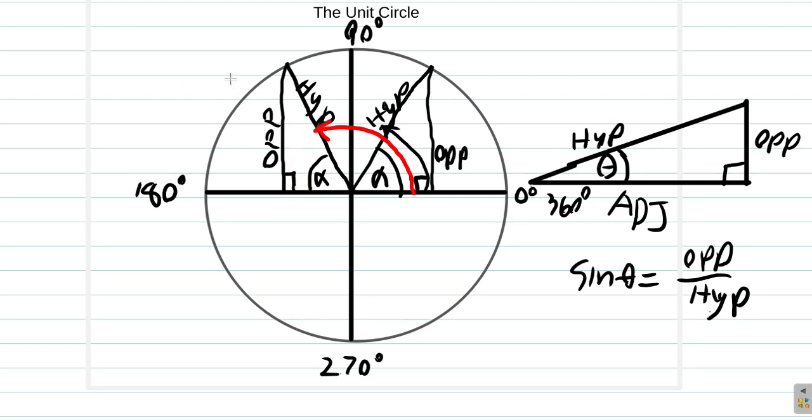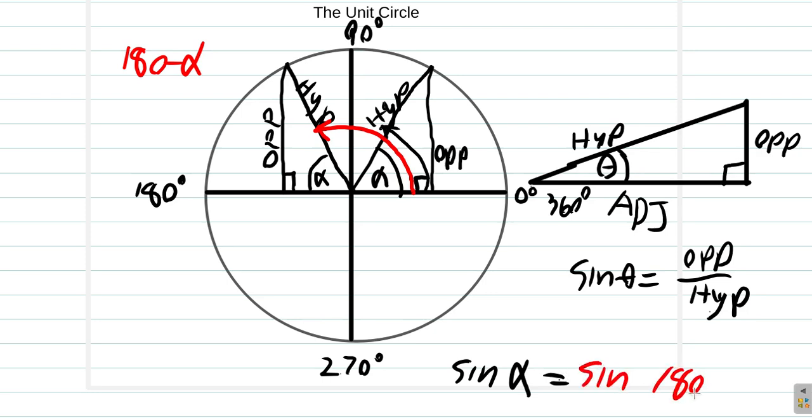This angle will be 180 minus alpha. So guess what now? When you consider it, the sine of alpha is going to be equal to the sine of 180 minus alpha.